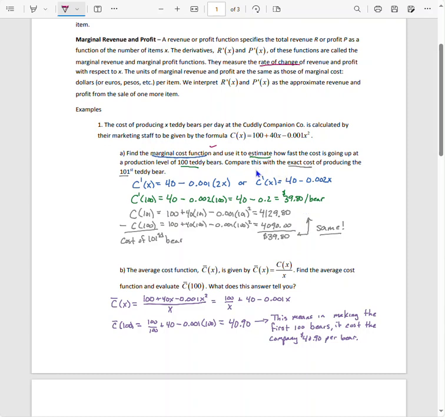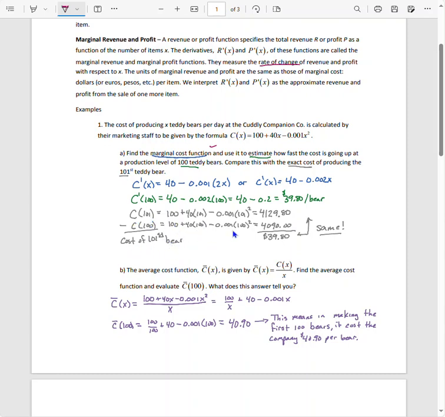All right. Now, let's compare this with the exact cost of producing the 101st teddy bear. If I were to build 101 teddy bears, my cost would be $4,129.80. If I were to build 100 teddy bears, one less, the cost of 100 teddy bears subtracted from the cost of 101 teddy bears is the cost of the 101st teddy bear.